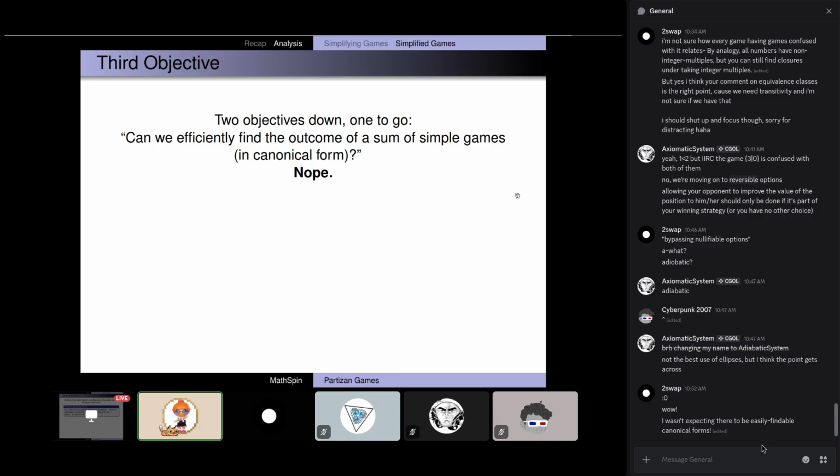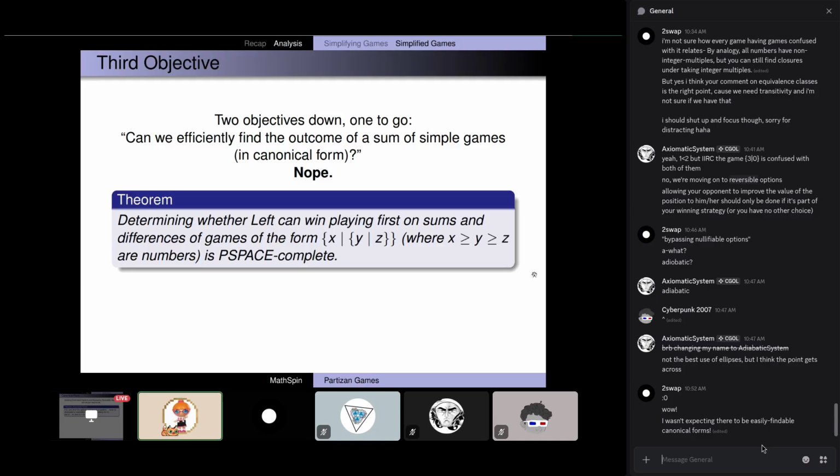What do I mean? I can make this precise. If we have very simple games where x is a number, like a half and 1 and -1 and 2, and y is a number and z is a number, x is greater than or equal to y is greater than or equal to z. This is a pretty simple game if x, y, and z are numbers.